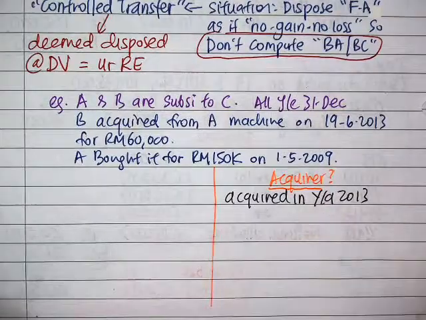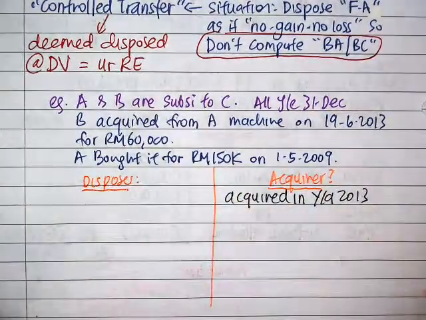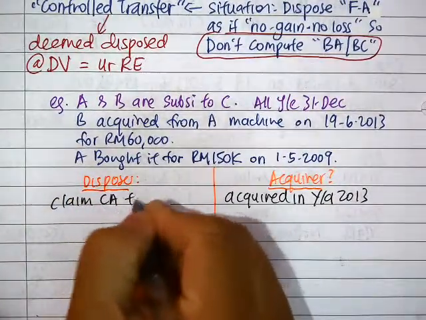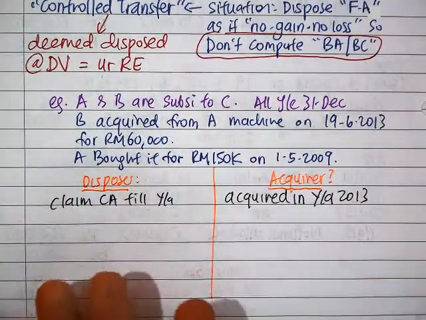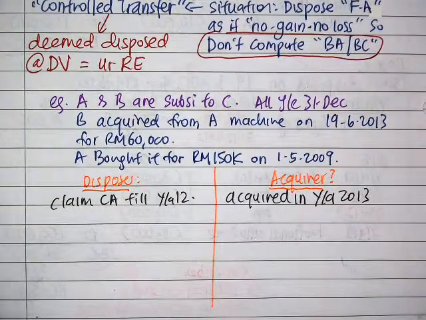If you buy in 13, logically speaking, the disposer can only claim CA until 12, agree or not? Because there will be no CA in the year you dispose. So the logic is if 13 you buy, I claim until 12.